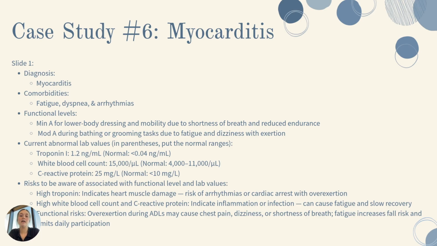So functionally, these lab results tell us that overexertion during ADLs could cause chest pain, dizziness, or shortness of breath, and the client's fatigue also increases their fall risk and limits their overall daily participation.